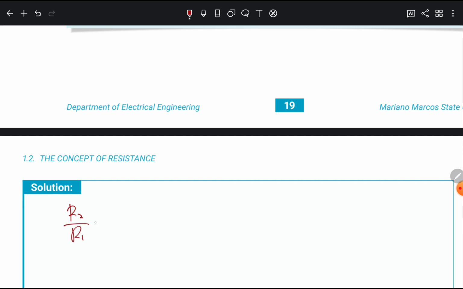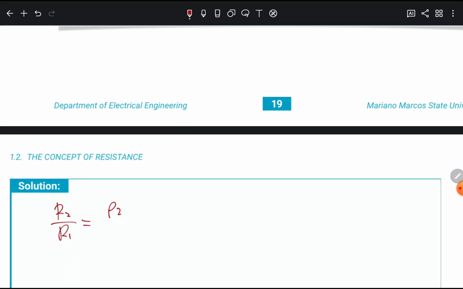R2 all over R1 is equal to rho 2 L. No, we don't need to use L because we're talking about the diameter, so this should be the area. V2 all over A2 squared divided by rho 1, V1 divided by A1 squared. Then rho 2 again is the same as rho 1, so we can cancel that out.